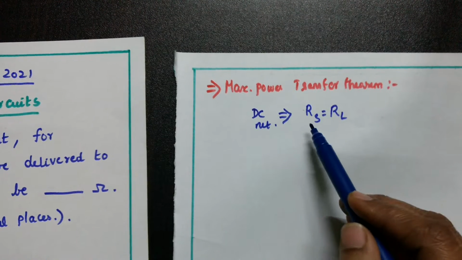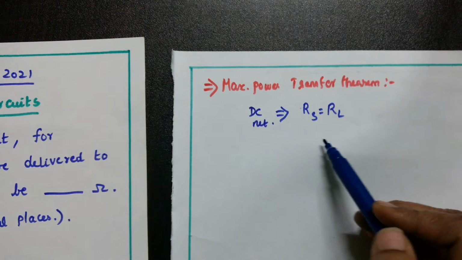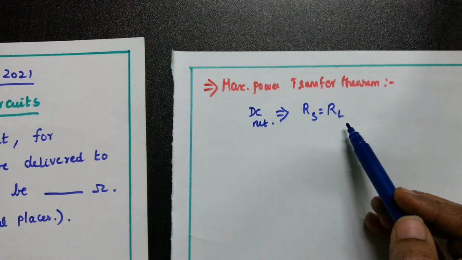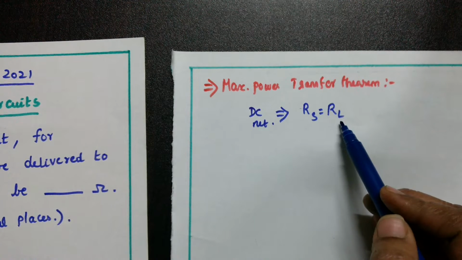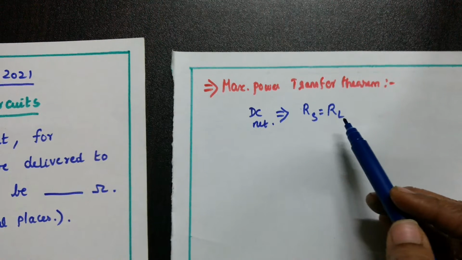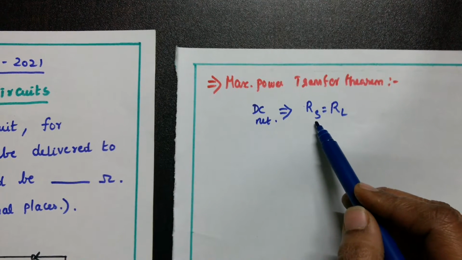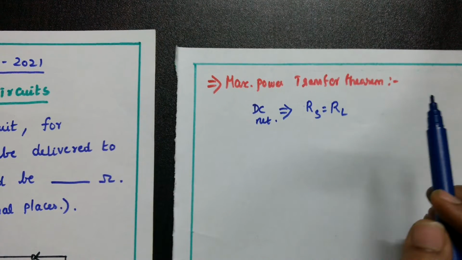RS is the source resistance, which is the equivalent resistance other than the load resistance. The value of RS should be equal to RL for the maximum power to be delivered.